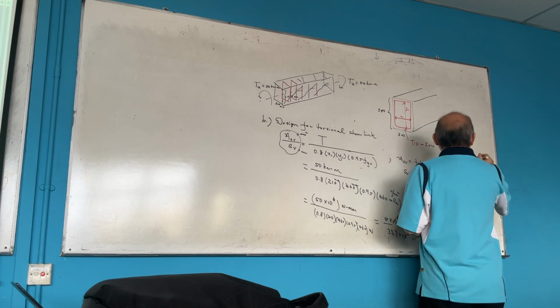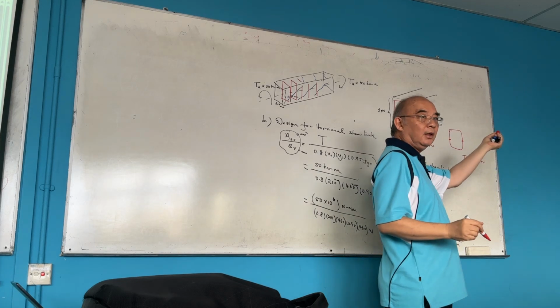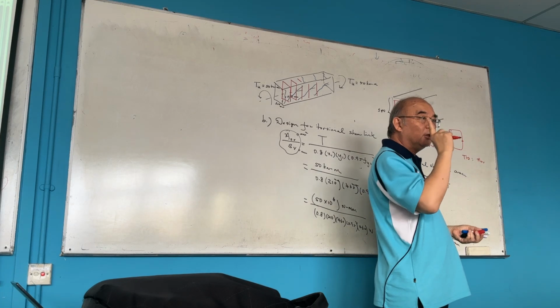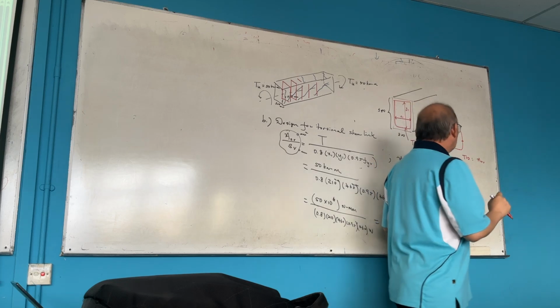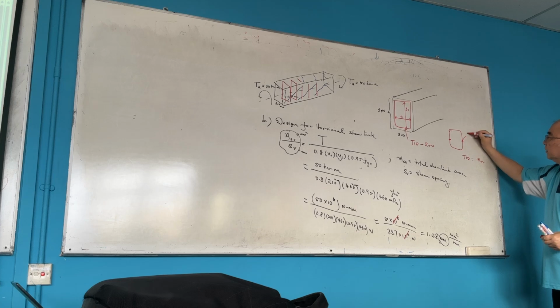The ASV is this leg, both legs. It's both legs, not just one leg. The one leg for T10 is 78.4 millimeter square.